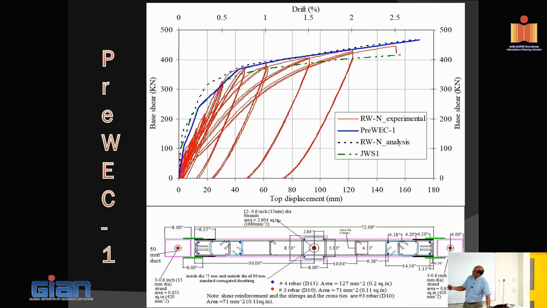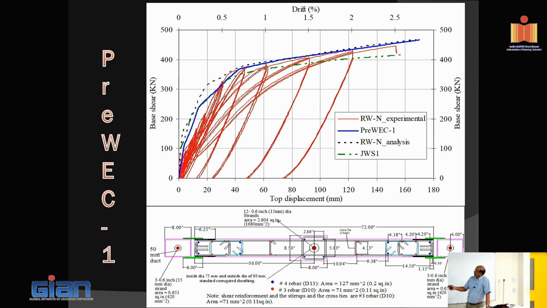The red line is basically the response of the cast in place wall, which is the wall I showed you without any splices, in one direction. The reason we haven't shown both sides is that, like Professor Namala noted, they had different strength, so we are only focusing on one side. You could see one of the PreVec systems that we designed can be designed to match.